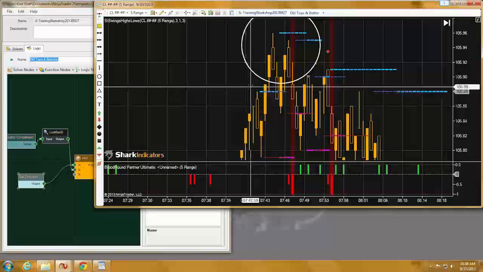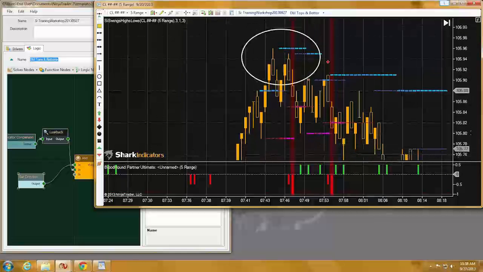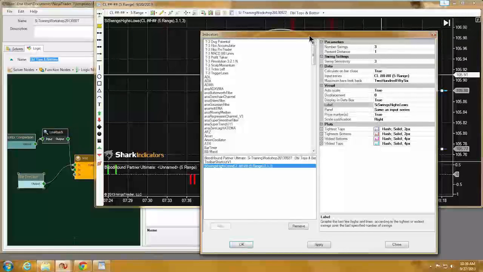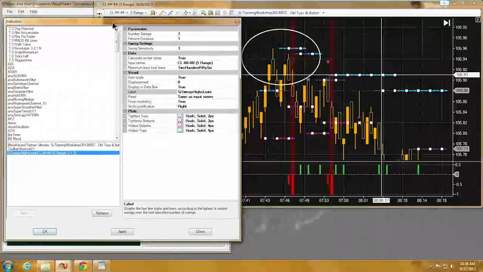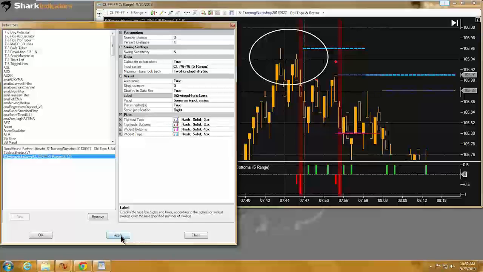So okay, let's see if I can clean that up. So first thing I'm going to do is just try and work with the indicator here. Let's see, so I could adjust the swing sensitivity. So let's see if I up that to 5, see if that helps. And that did it.